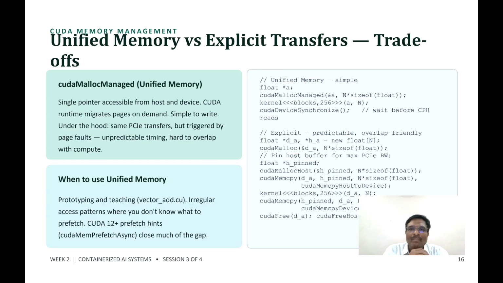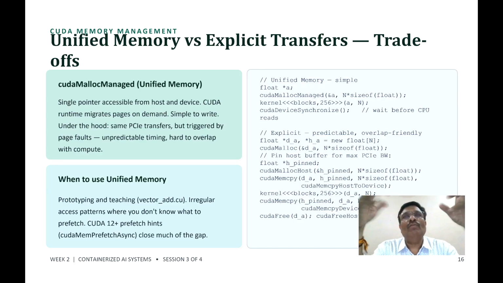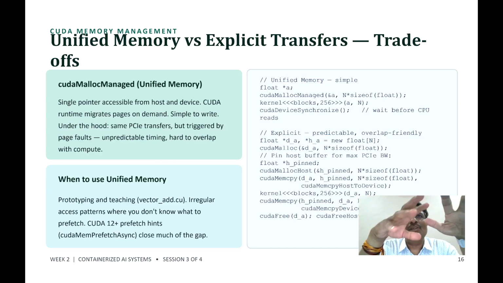This is an example. Instead of using memcpy, which copies the data from host to device and then from the device back to the host, you can use cudaMallocManaged, which means that instead of explicitly storing everything in the device when required, you can use a single pointer which is accessible both from the GPU as well as from the CPU.